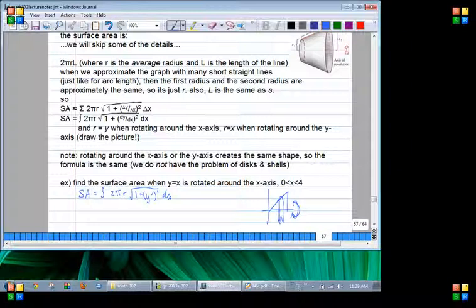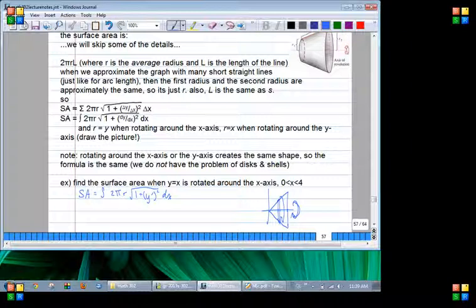Well, we get a slice of a cone, which we're calling a frustum. If you want to call it a slice of a cone, that's okay too. But yes, the entire shape itself is a cone, and one little slice gives you a frustum.